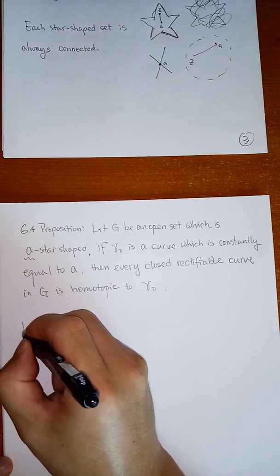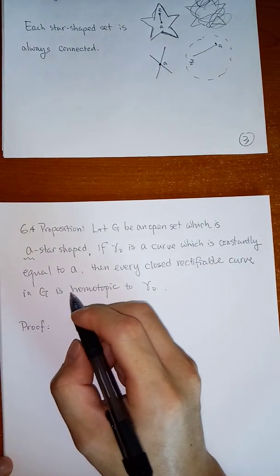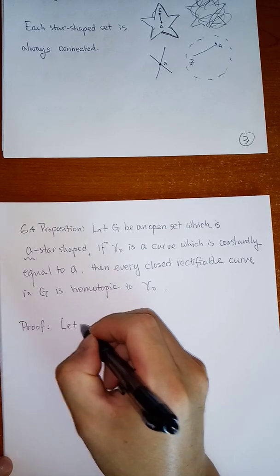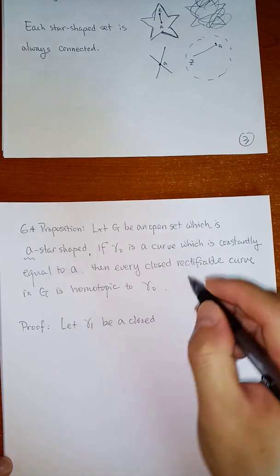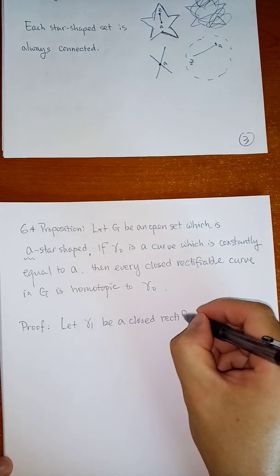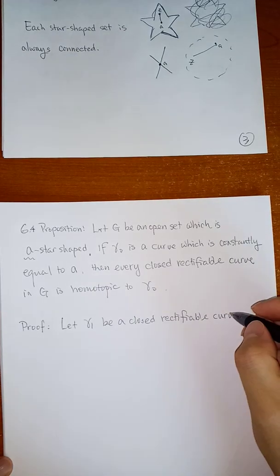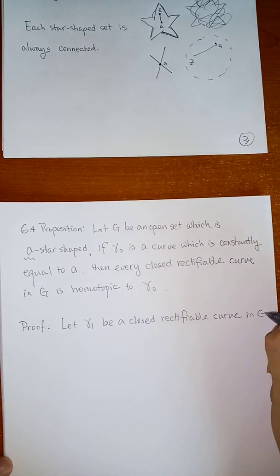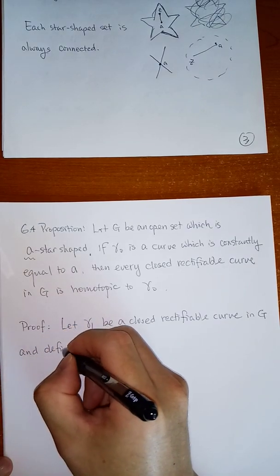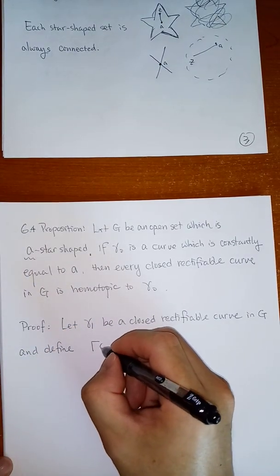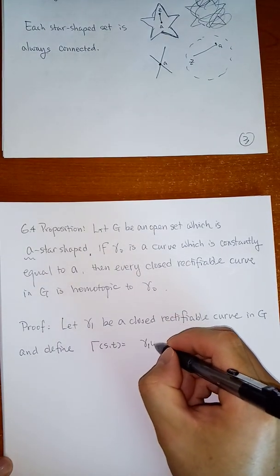Okay, so the proof is very simple. Let gamma 1 be a closed rectifiable curve in G, and define gamma(s,t) to be gamma 1(s).